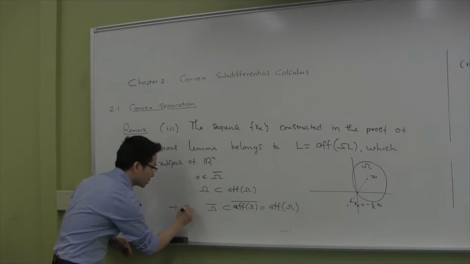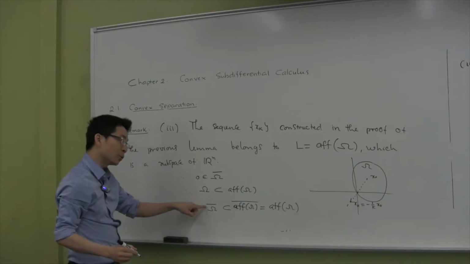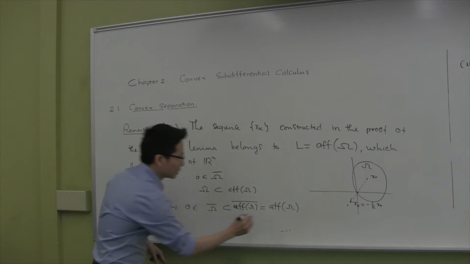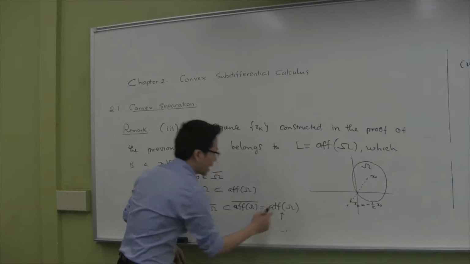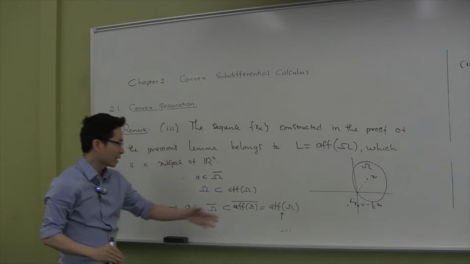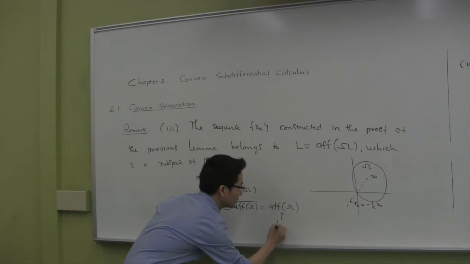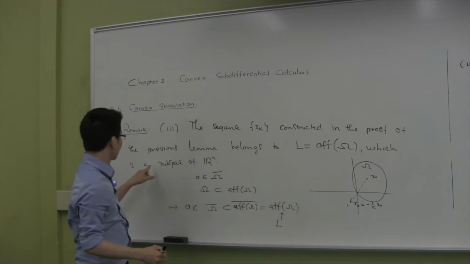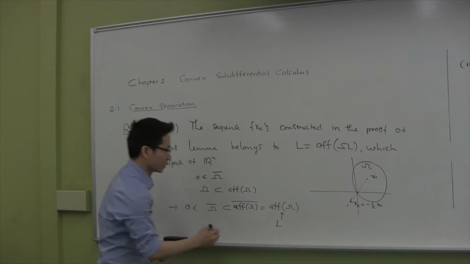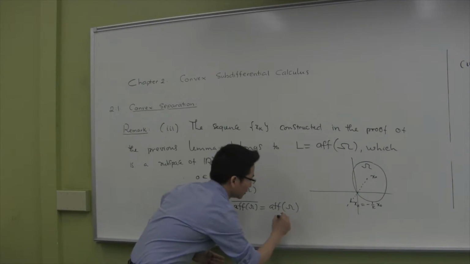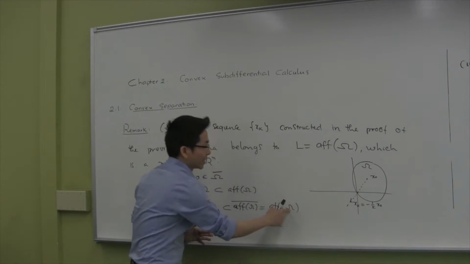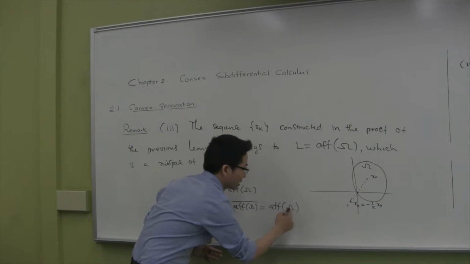And note that 0 belongs to the closure of omega. So here, the affine hull of omega is an affine set, and it contains 0. Therefore, this is a subspace of Rn. So we have proved that the affine set generated by omega here is a subspace of Rn.